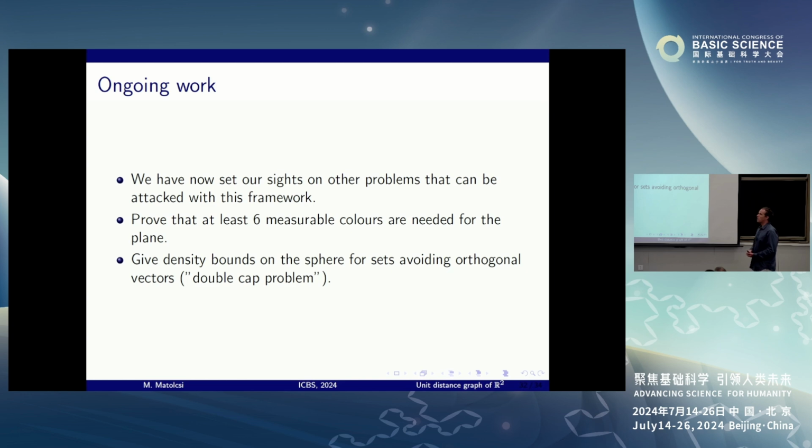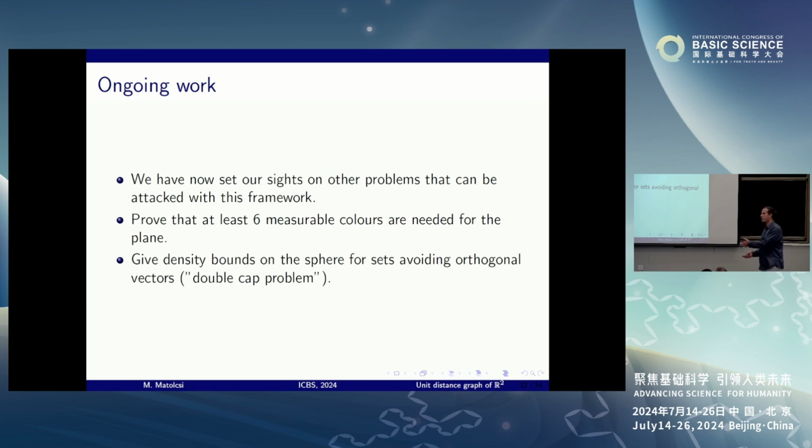And so what's the ongoing work? Well, basically, there are two directions that we are going on now. One is a very interesting one, and it would be a major result, but I'm not very optimistic it will actually happen: to prove with this machinery that you need at least 5 measurable colors to color the plane. We know that 5 is necessary.